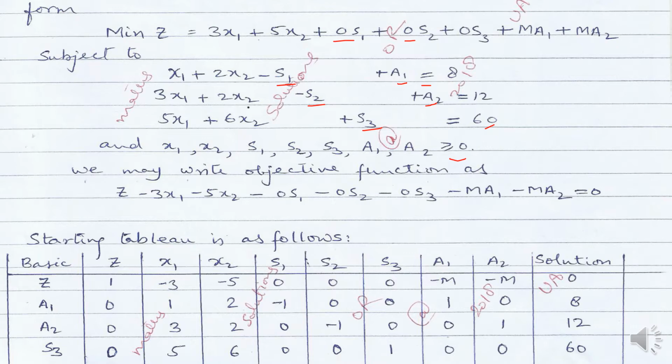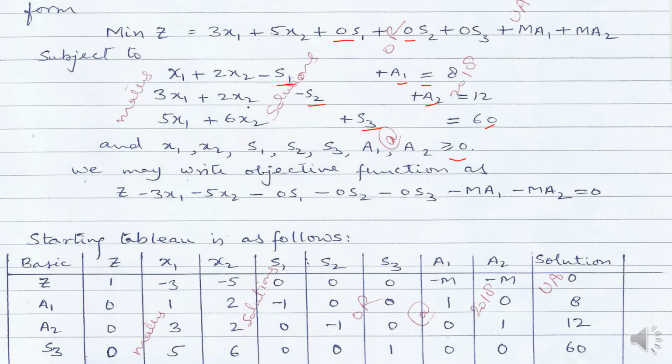M is a very large number and a1, a2 are artificial variables. Now we may write the objective function by taking all the terms on the left-hand side and making the right-hand side 0. So z - 3x1 - 5x2 - 0s1 - 0s2 - 0s3 - Ma1 - Ma2 = 0.